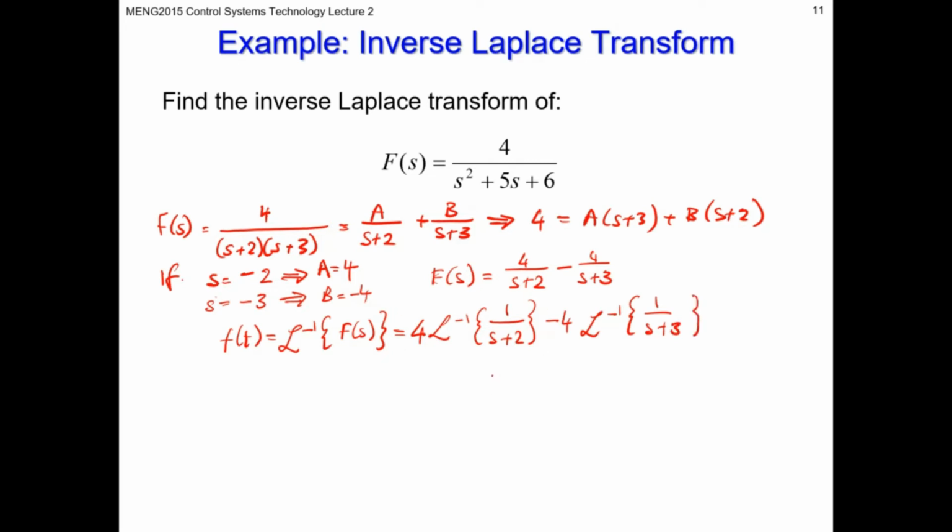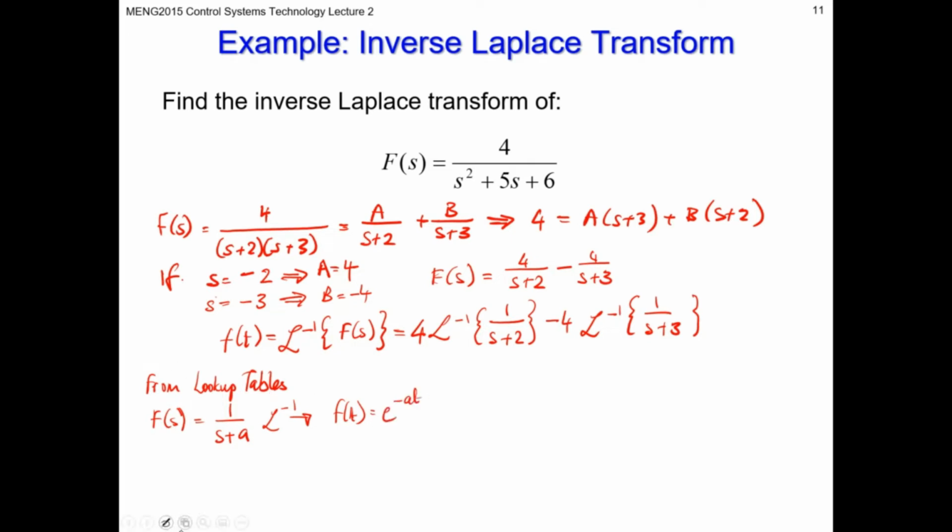All right, and from our lookup tables, this is in the form of both of these terms here. So from lookup tables, if F(s) equals 1 over s plus a, then the inverse Laplace transform gives us f(t) equals e to the minus at.